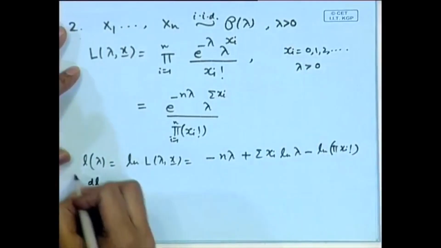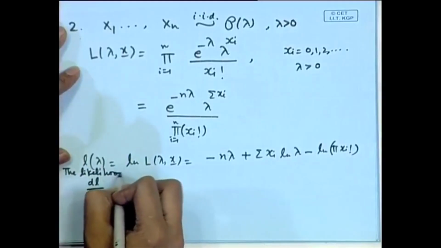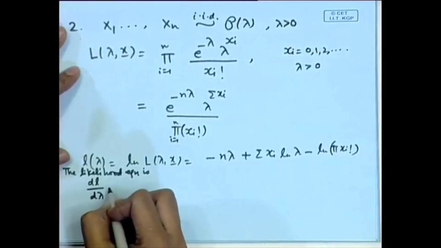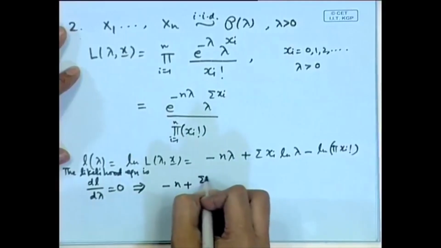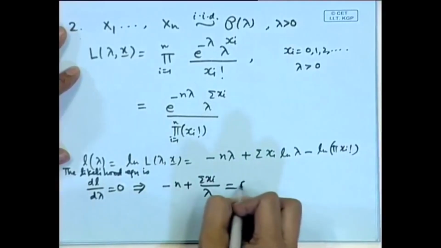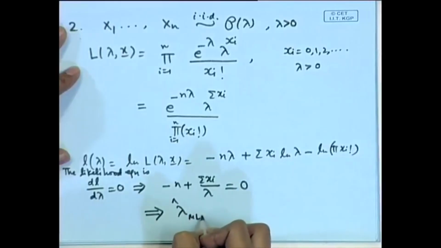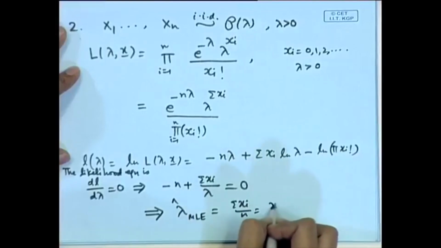So, the likelihood equation dl/d lambda equal to 0 is minus n plus sigma xi by lambda equal to 0. The solution of this gives lambda hat MLE equal to sigma xi by n, that is x bar.